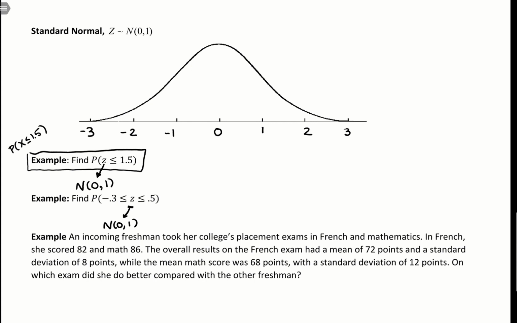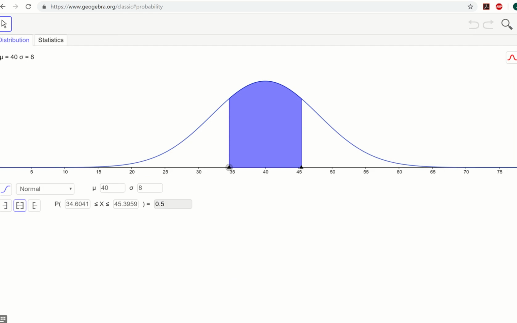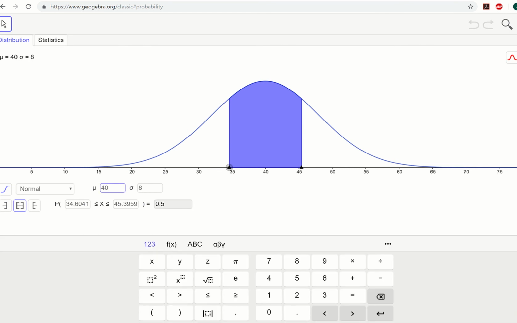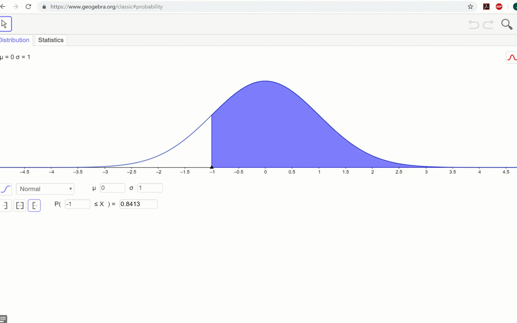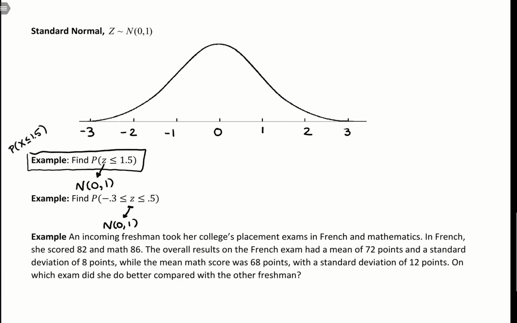But since I have z, we'll just go to GeoGebra, and we'll have our mean of 0, standard deviation of 1, and we're looking for something that's less than or equal to 1.5.